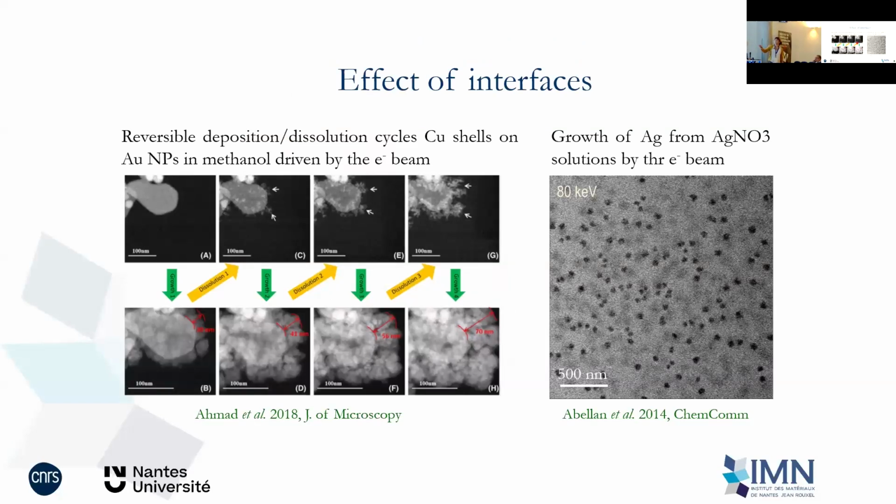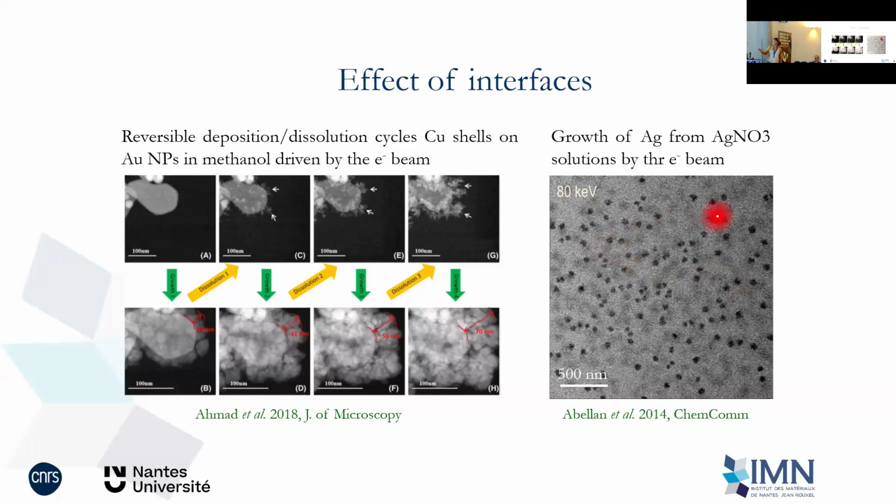And unfortunately, the effect of interfaces when you are doing experiments with liquids in the microscope is really, really high. Every time that you are doing growth of particles, you are going to see that at interfaces. This is from a paper where I was comparing the effect of primary energy and some other beam parameters with silver nitrate.